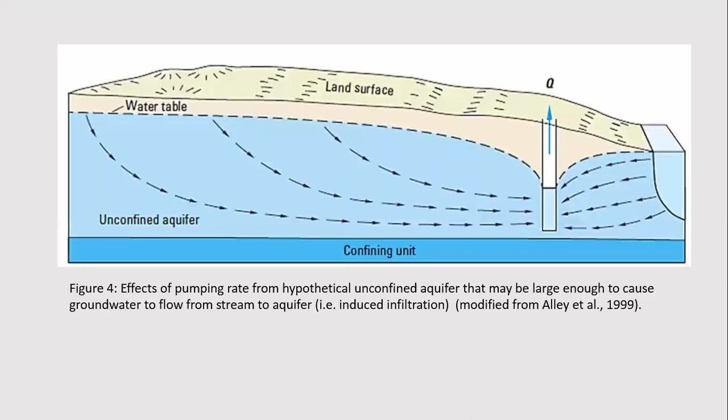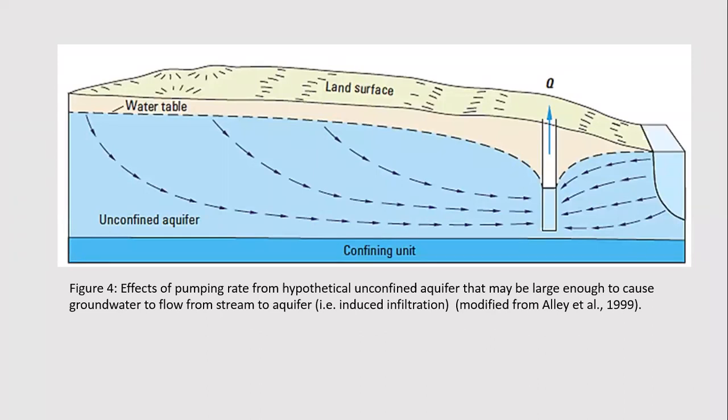These two processes, I've incorporated them into my diagram here, where you can have your well here, and you have the adjacent stream as well. So this is a conceptual diagram where you have your well here, and then you have your river somewhere there, and as you pump water, hypothetically this is an unconfined aquifer.